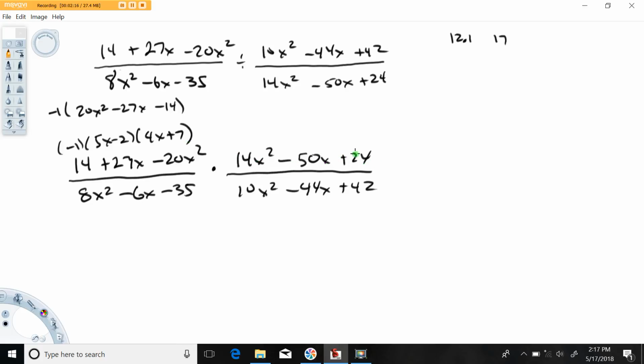Let's see, this upper right-hand guy here, this 14x squared minus 50x. I'm looking on my paper to see where I did that one. Okay, you can factor a 2 out of everything here. When you do that, the resulting part will factor into 7x minus 4 and x minus 3. Now this lower right-hand side, this 10x squared minus 44x plus 42.